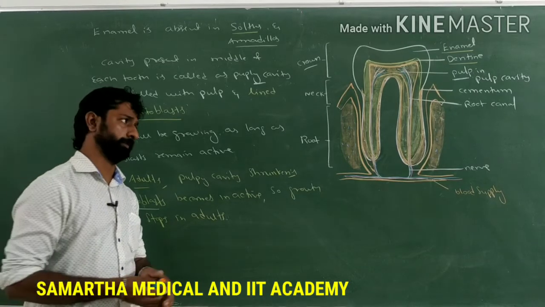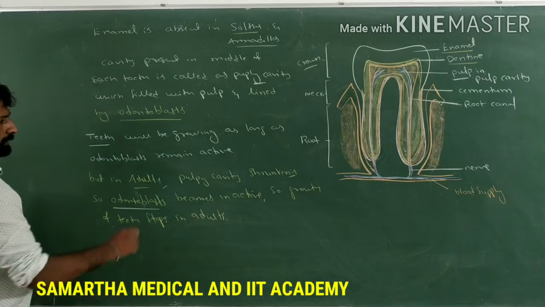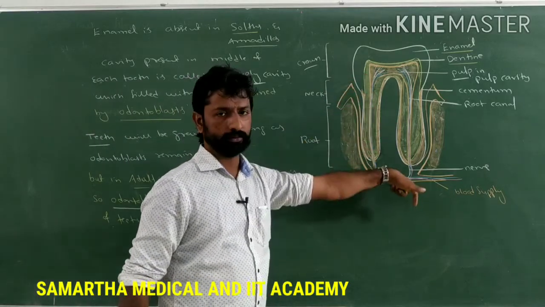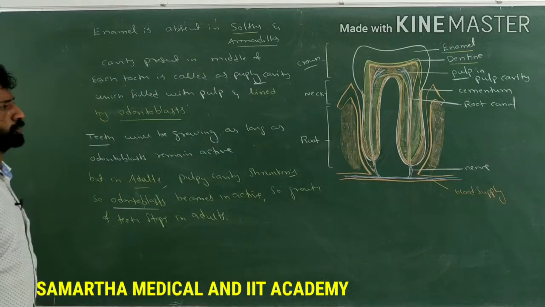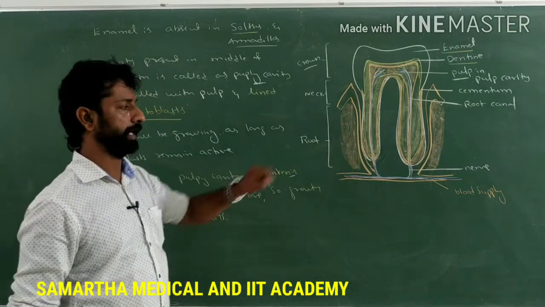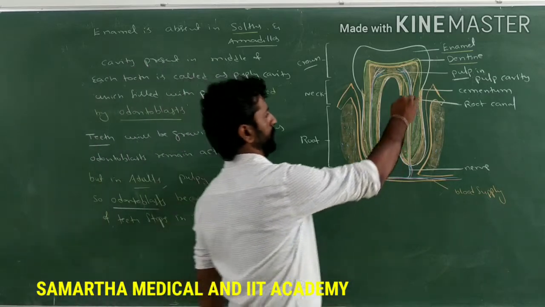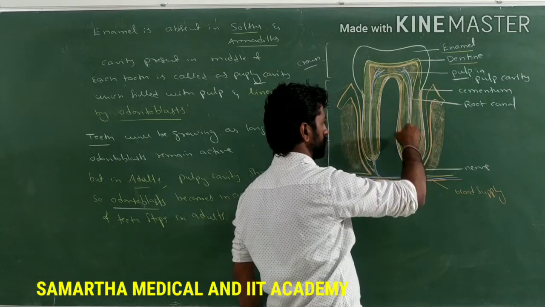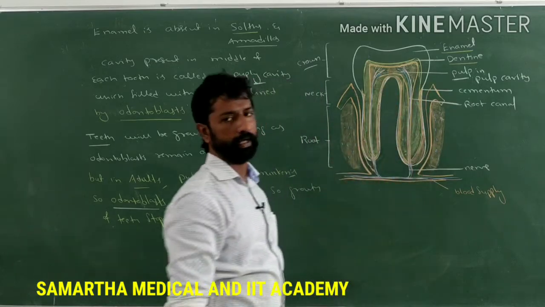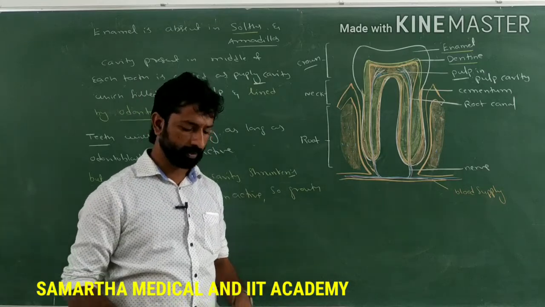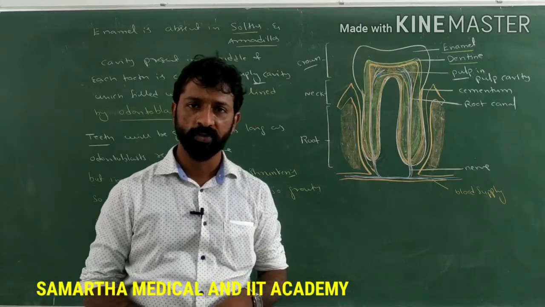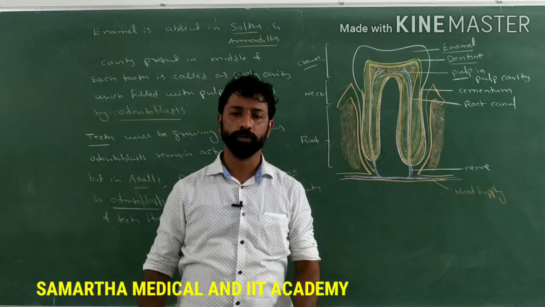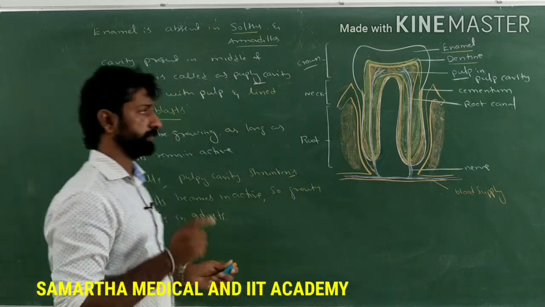Then the extension of the pulpy cavity into the socket of the jawbone is called the root canal. You might have heard about the treatment called RCT, or root canal treatment. When your tooth decay gets deeper into the roots of the tooth, that is what is called a root canal.